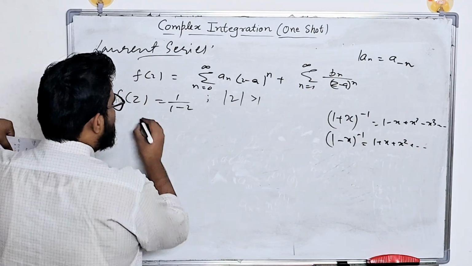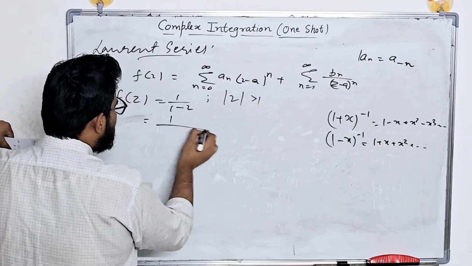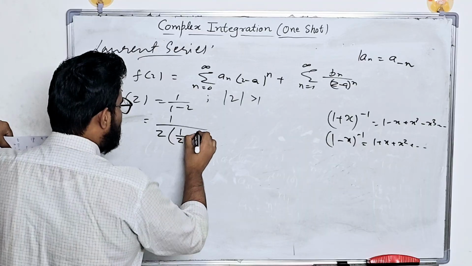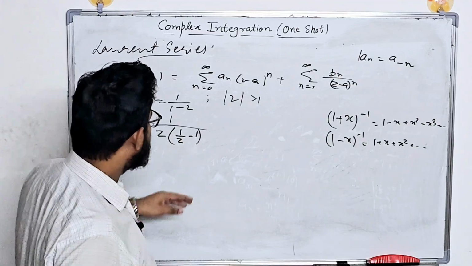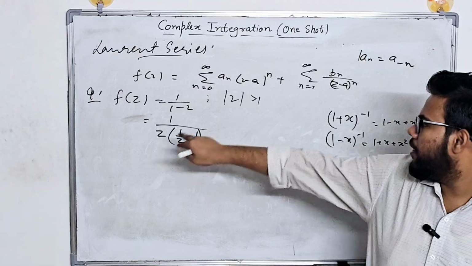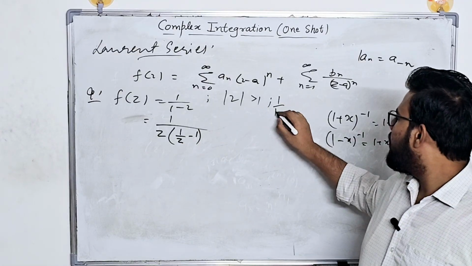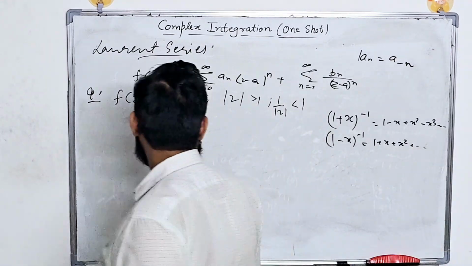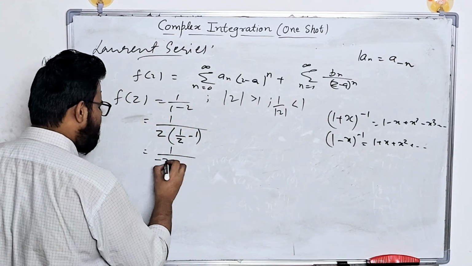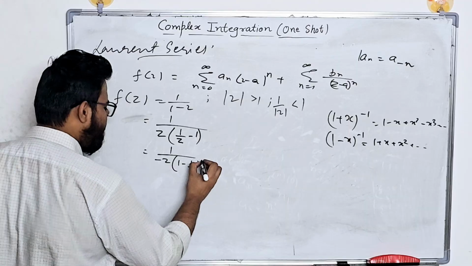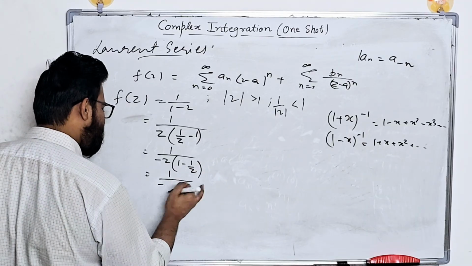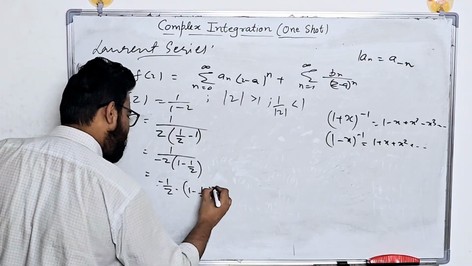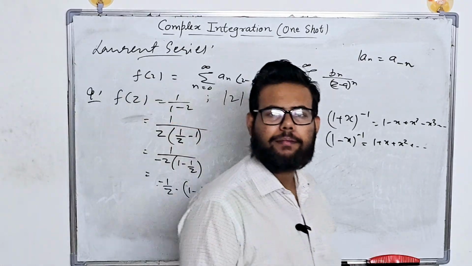So similarly, over here what we'll get, we can take z as common: 1 upon z times (1 by z minus 1), right? Because if mod z is greater than 1, then 1 upon mod z will of course be less than 1, correct? Hence this is negative z taken as common, 1 minus 1 upon z, right? And it can be written as negative 1 upon z times (1 minus 1 by z) to the power negative 1, right?